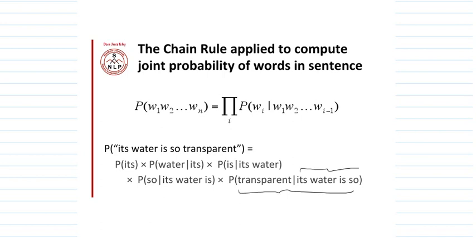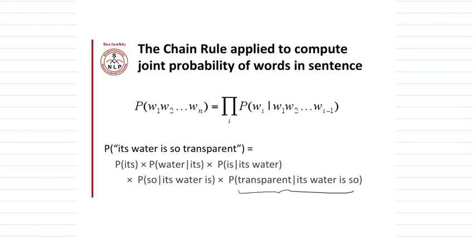This sentence, its water is so transparent, this whole complete sentence may be only present once in the whole corpus. So as we move towards a larger size of sentence, the probability of that particular sentence will be very low. Why? The probability is based on the number of counts, and the count of this sentence may be only once or twice. So this term will be of very low probability, and the overall probability will be very low.